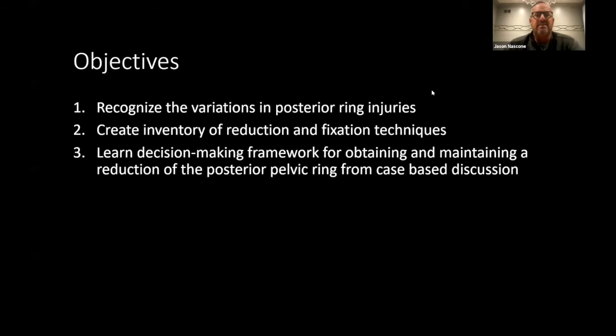And lastly, to develop a decision-making framework for obtaining and maintaining the reduction of the posterior pelvic ring from a case-based discussion. So the idea is we've chosen some cases that bring out some learning points, and we'll walk through those. There's a lot of different ways to treat these injuries, and we're going to walk through some of those ways and hopefully discuss the others.